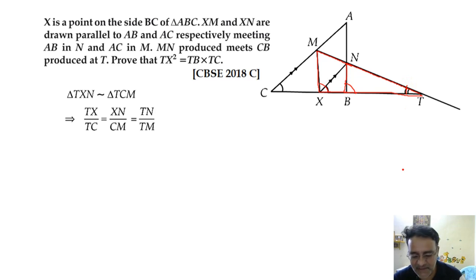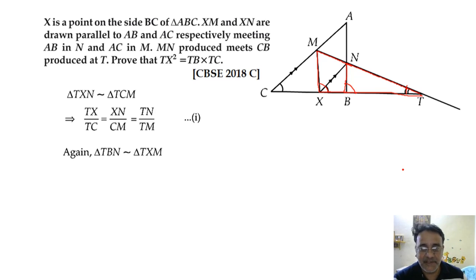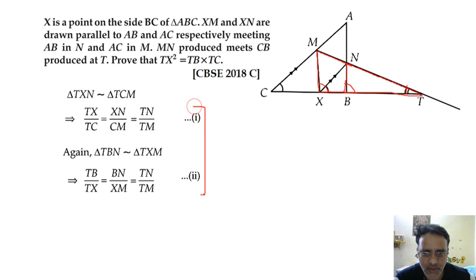So by AA similarity, these two triangles are also similar. अब इसका corresponding sides देखो. TB upon TX is equal to TN upon TM, and BN upon XM. Let it be equation number 2. Whether these two equations are clear?